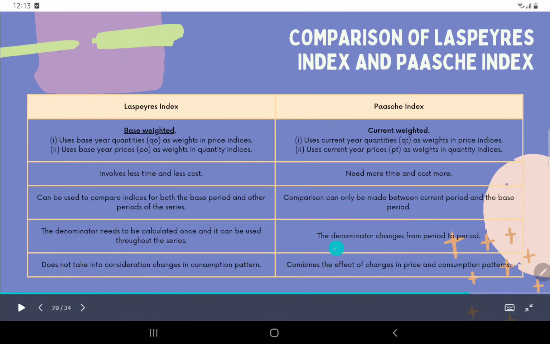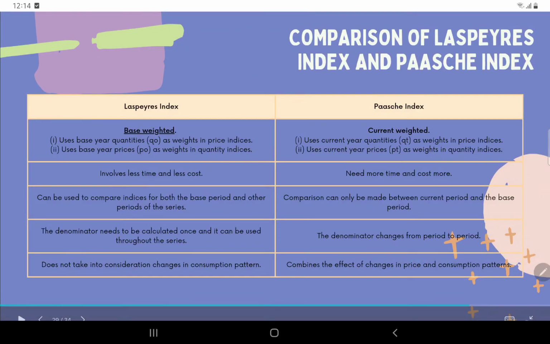For Paasche index, the denominator can be changed from period to period. The last one: Laspeyres index does not take into consideration changes in consumption pattern. In Paasche index, it combines the effect of changes in price and consumption patterns.